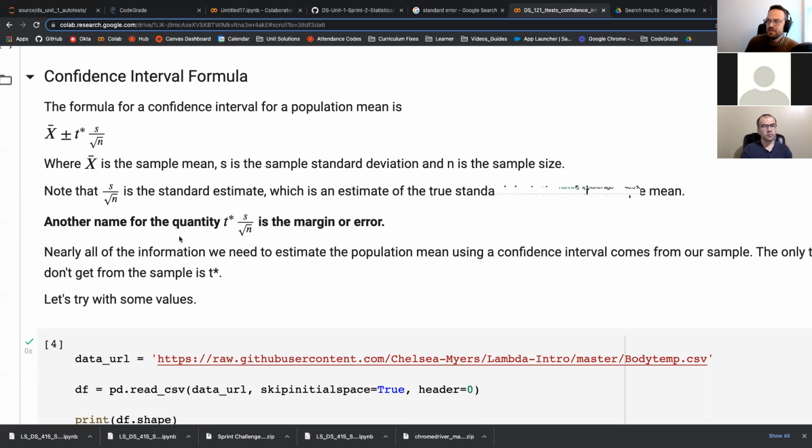Correct. So the significance level is your cutoff value for when you reject or fail to reject your null hypothesis.